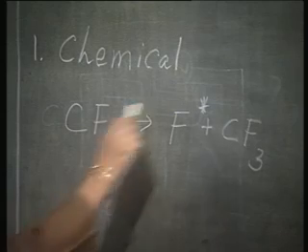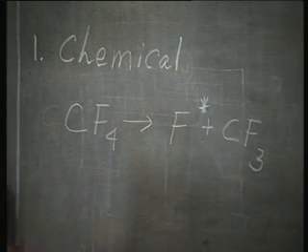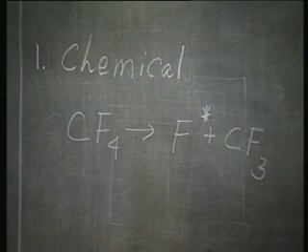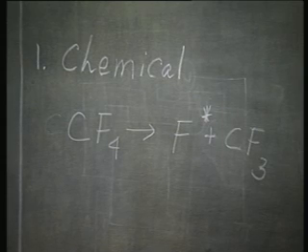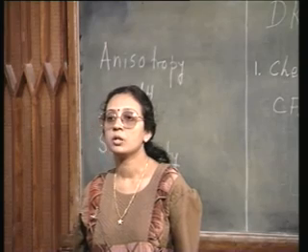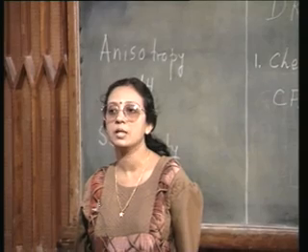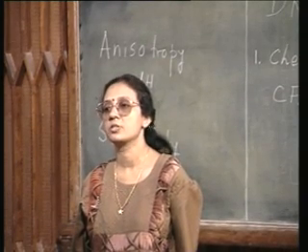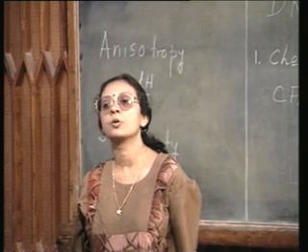Now, this active fluorine is not an ion, it is a neutral reactive species. Okay. So, the role of plasma here is limited to generating the reactive species, rest is spontaneous.